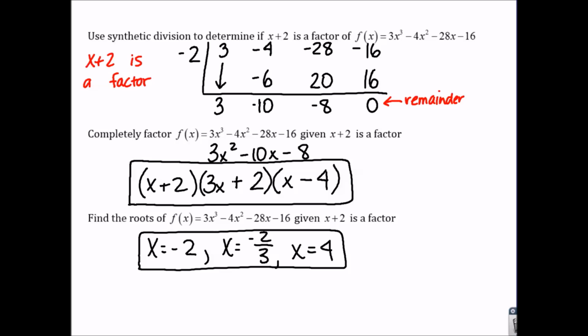Now, there is one thing you have to be careful of. With synthetic division, if you have a term that is missing from your polynomial, for example, if you have x cubed minus x plus 1, we're missing the x squared term.